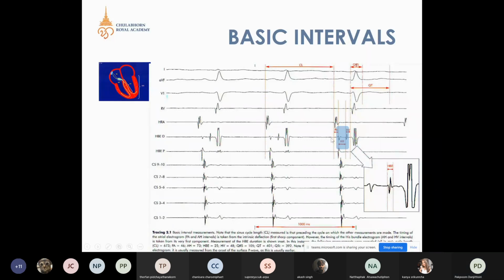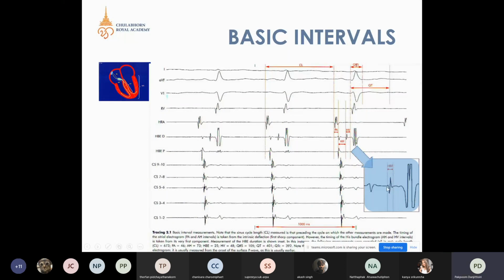Next, some EP labs may measure the His bundle electrogram.